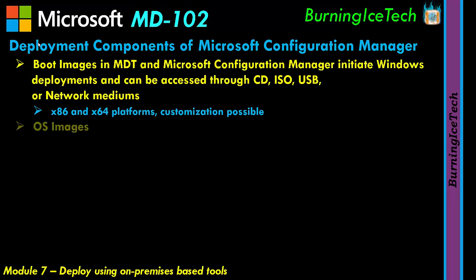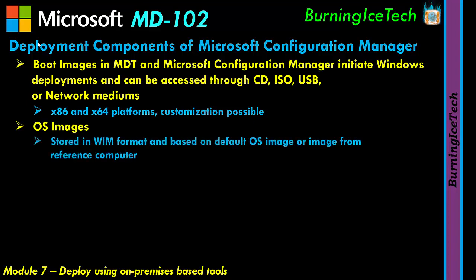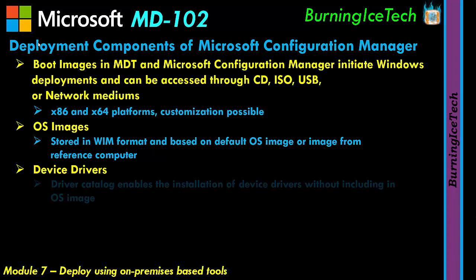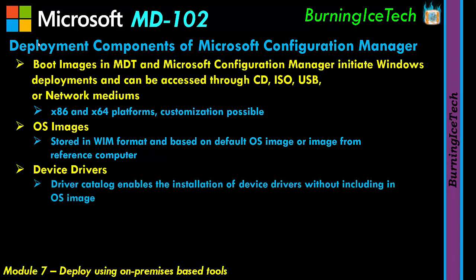When it comes to the actual operating system images, folks, that is stored in a WIM format, WIM as some people call it, and it's based on the default operating system or an image from the reference computer which we spoke about earlier. As for the device drivers, should you find yourself in need of that, which you probably will, Driver Catalog enables the installation of device drivers without including them in the operating system image.